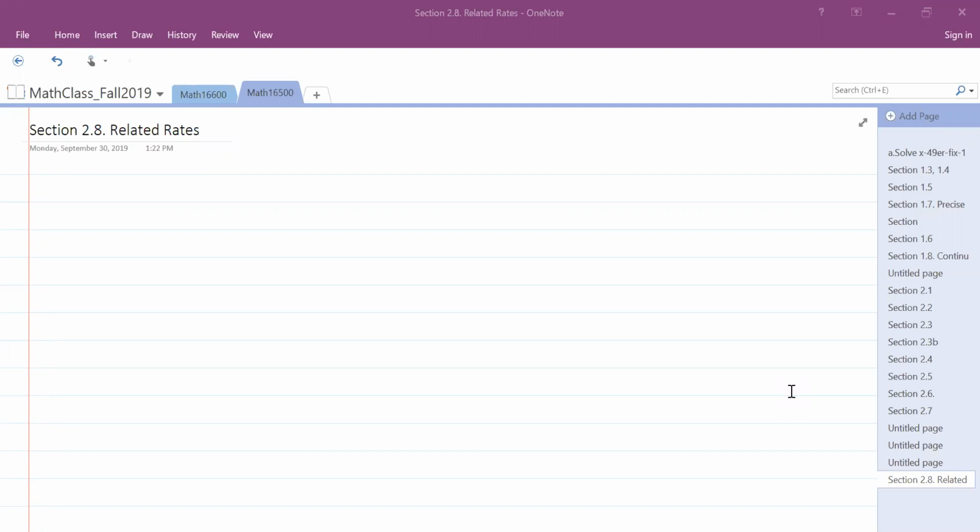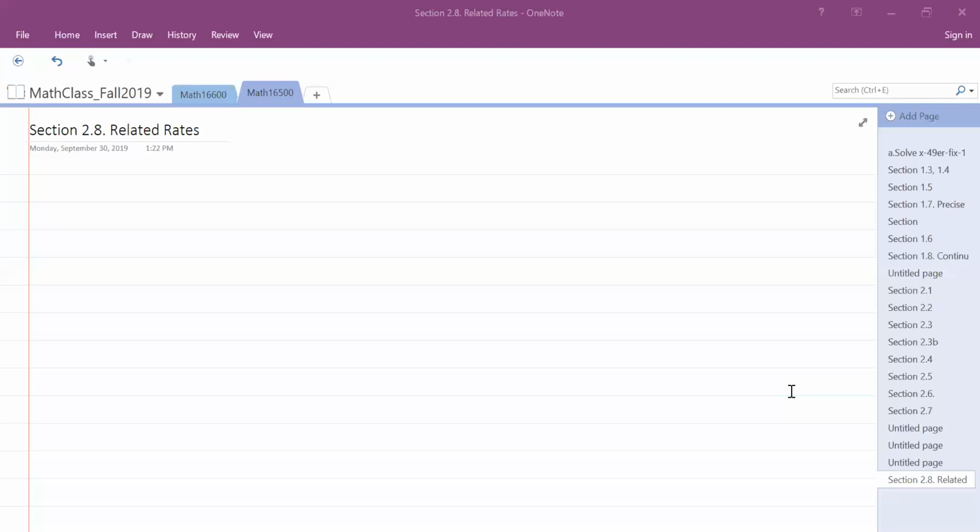So if one of the quantities changes as time passes, then other quantities will change too, and the rate of change of the other quantities depends on the rate of change of the first quantity. Okay.